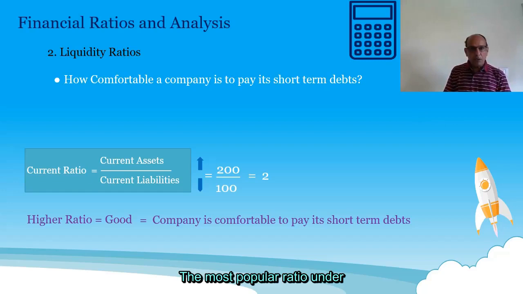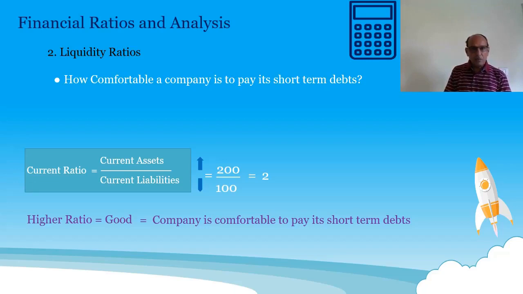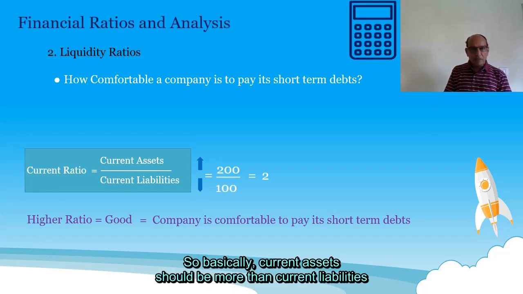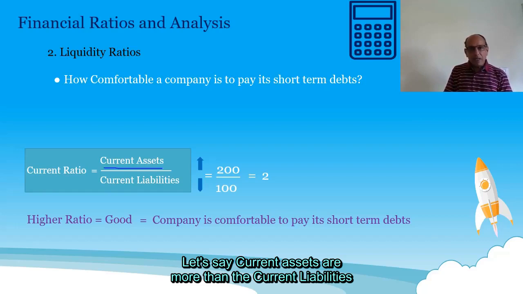The most popular ratio under this category is the current ratio. Divide current assets by current liabilities to get this ratio. So basically, current assets should be more than current liabilities. Let us say the current assets are more than the current liabilities.